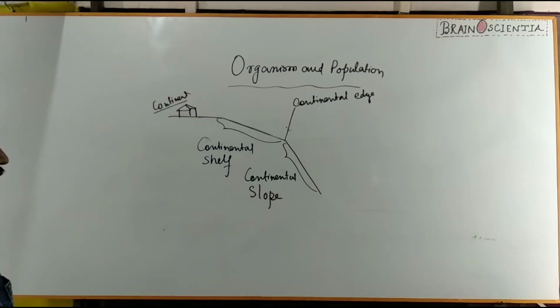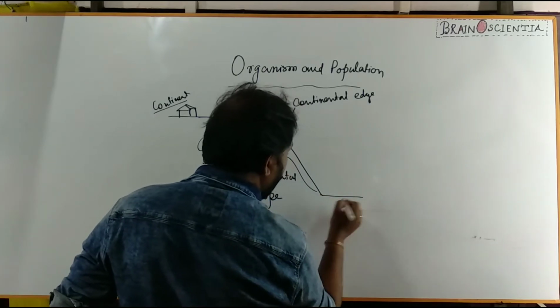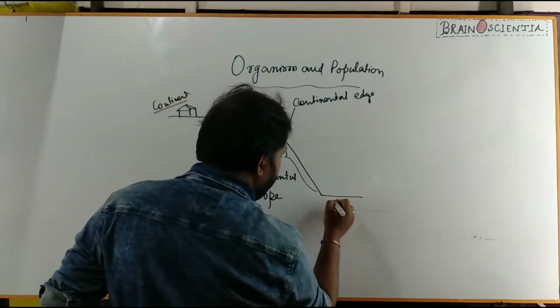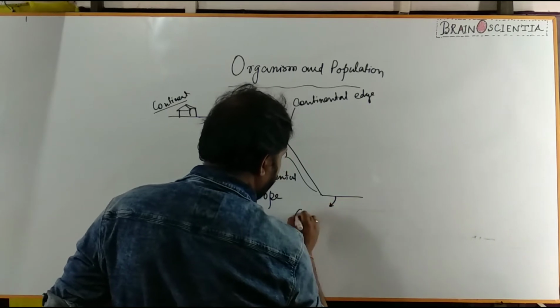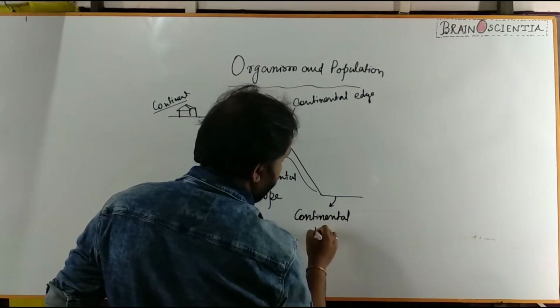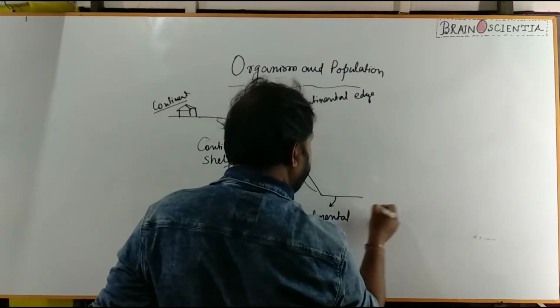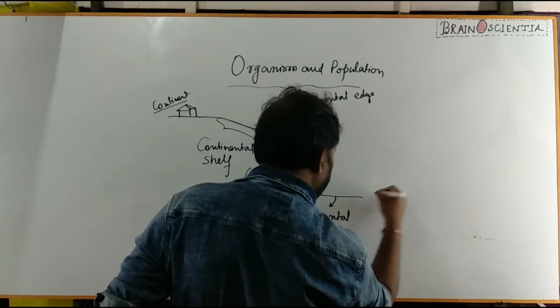Then there is a rise and then a plain. I will discuss why there is a sudden rise. This region is called the continental rise.